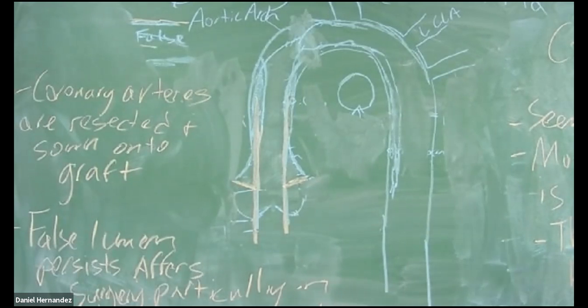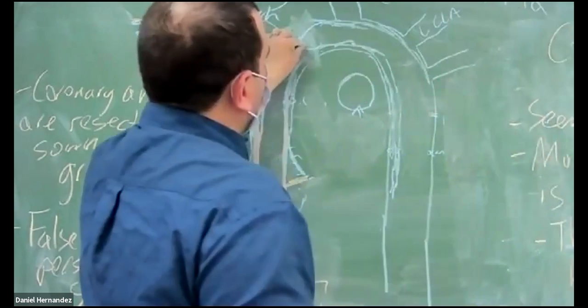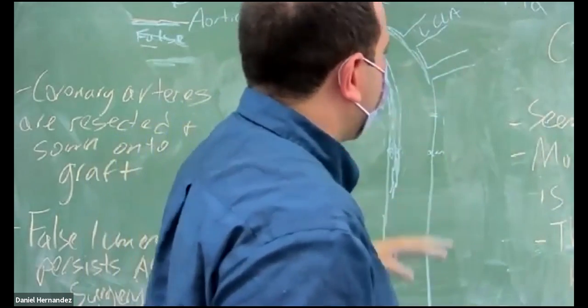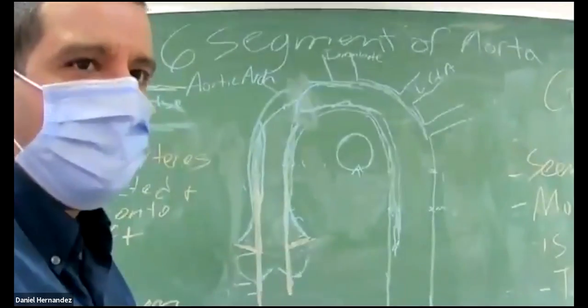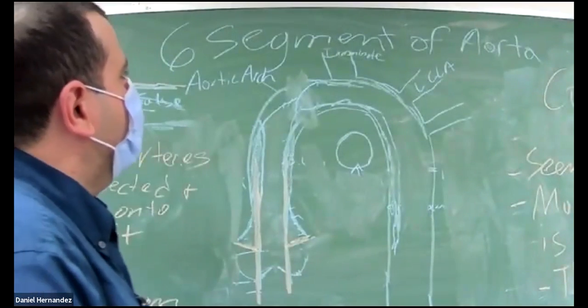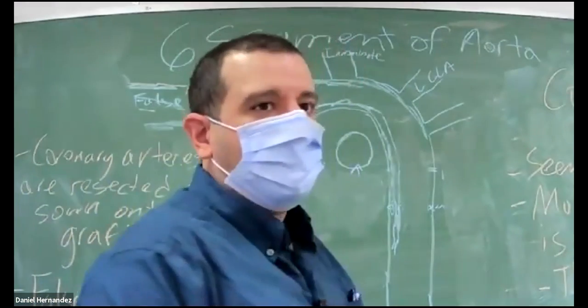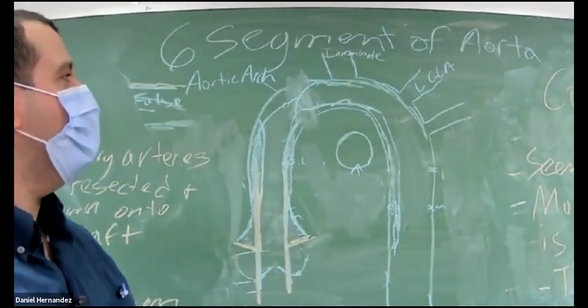If you think about it, if you're getting that narrowing before all your great vessels, you're going to wind up with lower blood pressures in both arms. You're going to wind up with reduced blood flow going to the brain.